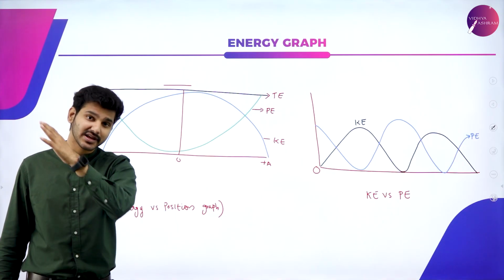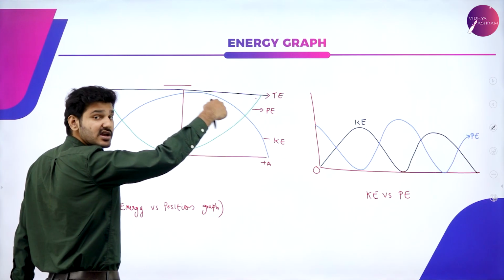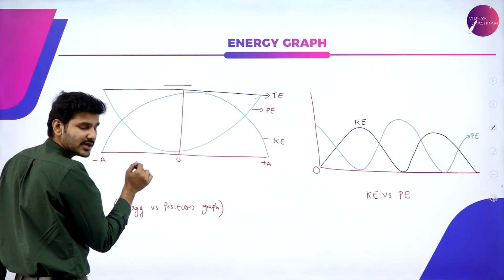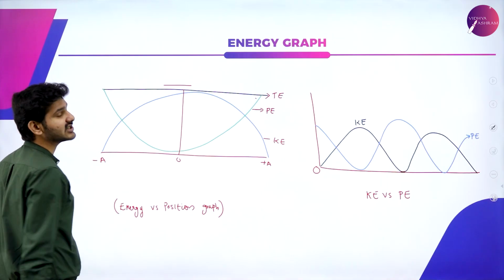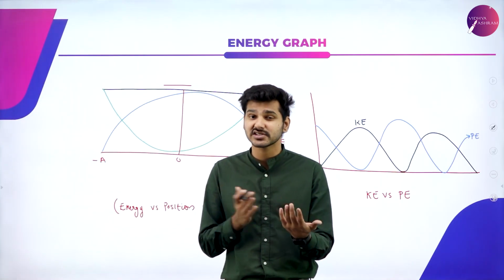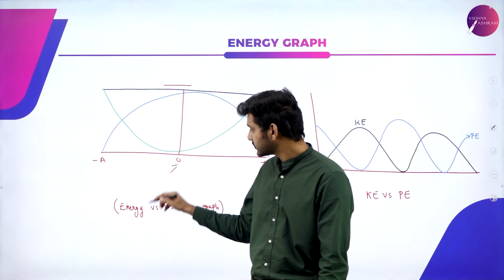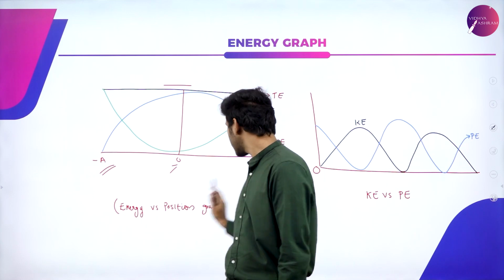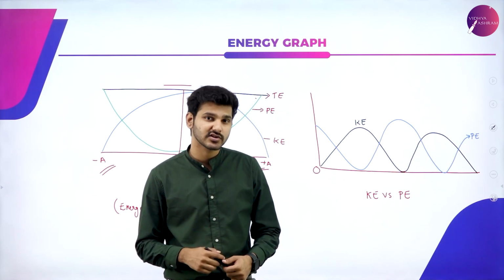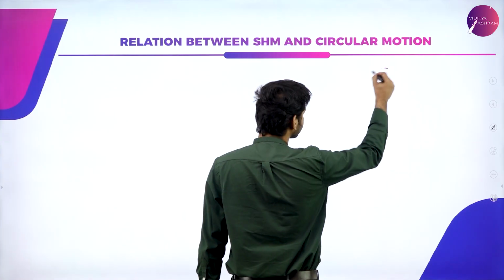As it is executing that motion, the potential energy of the system will start from a maximum value and decrease to 0 at the mean position, and then again it increases. So that is how potential and kinetic energy exchange in a system is shown here. Remember, this is the mean position, this is the extreme position, that is either left or right. So that is all about energy graphs of an SHM.